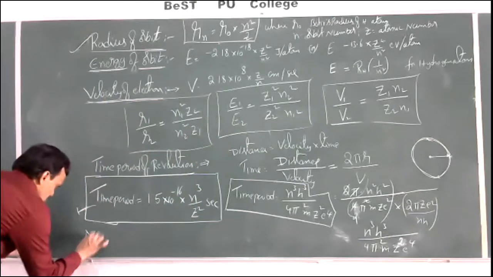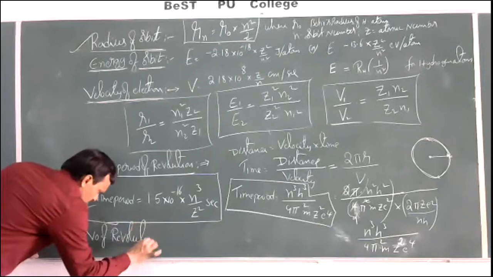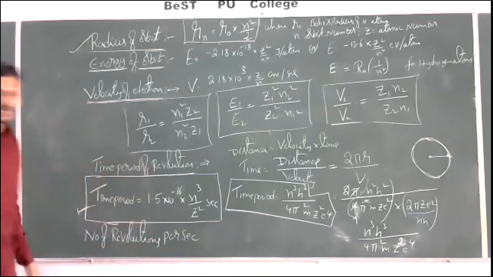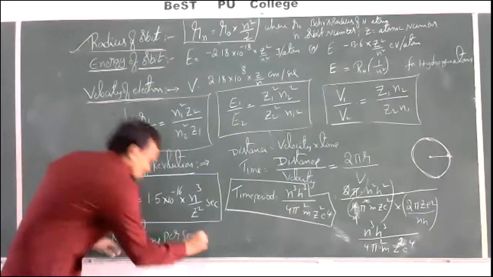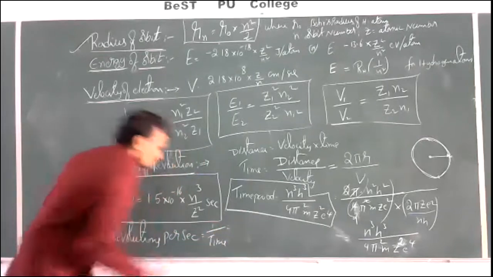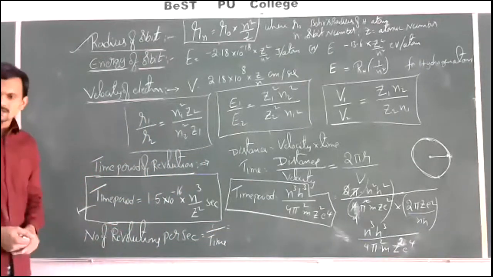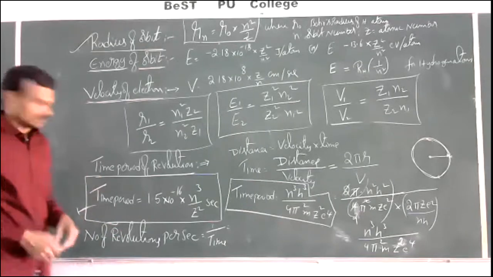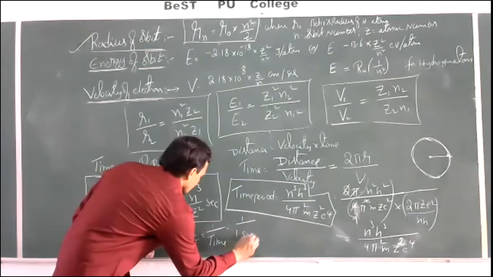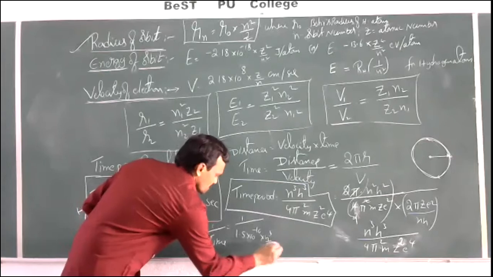And one more: number of revolutions. Number of revolutions per second, nothing but the frequency, is equal to 1 by time period. So if you take the reciprocal of this, we can get the number of revolutions. This is equal to 1 by 1.5 into 10 power minus 16 into n cube by z square.